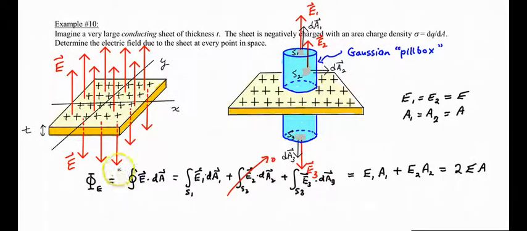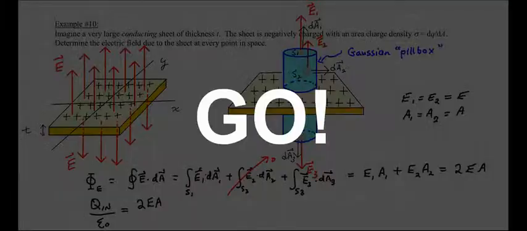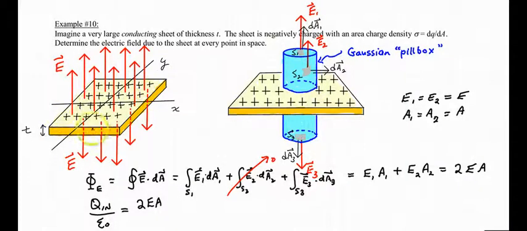Now applying Gauss's law, the total flux is equal to the Q enclosed divided by epsilon naught. And the total flux for this Gaussian surface turned out to be equal to 2 times E times A. But we also know that this charge is uniformly distributed.